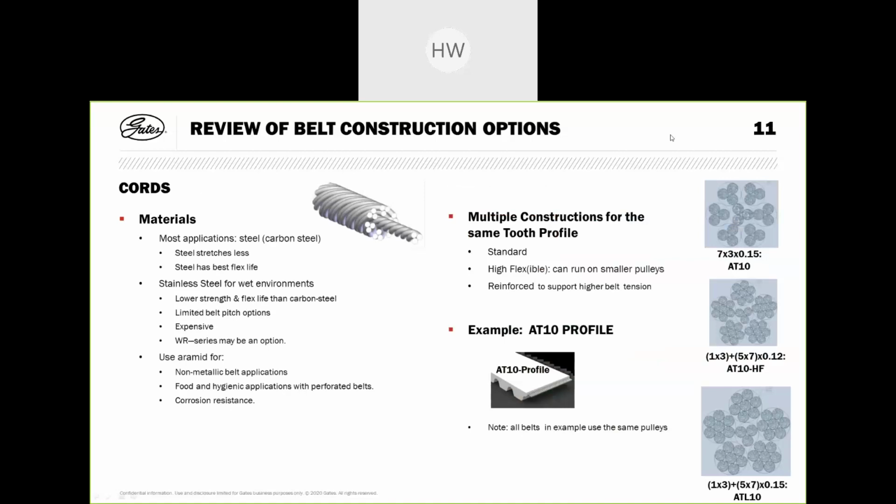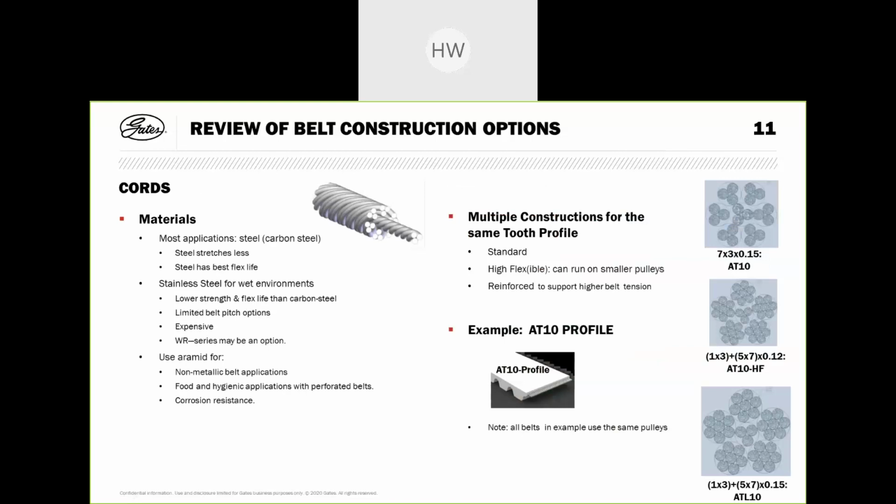So talking about cord, our standard cord is steel cord. Steel cord is the highest tensile strength and most flexible cord, and therefore in most applications it's used. Steel has less stretch and has the best flex life. For wet environments, we have the option to use stainless steel.